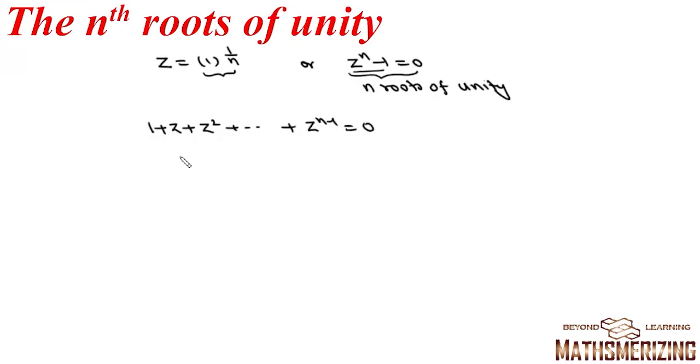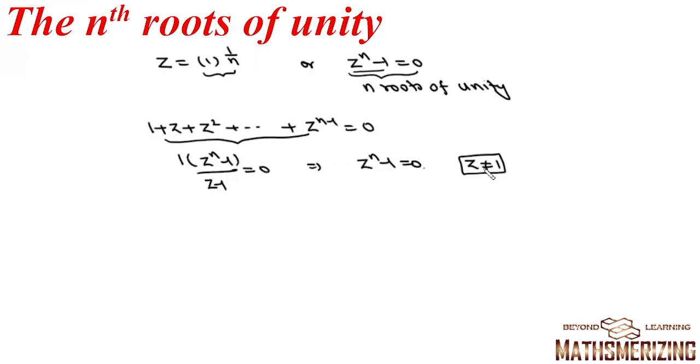We can write this GP as 1 times z to the power n minus 1 upon z minus 1 equals 0. So from here we'll get the condition that z to the power n minus 1 equals 0, where z is unequal to 1. So this equation also represents the nth root of unity except when the value of z is 1.